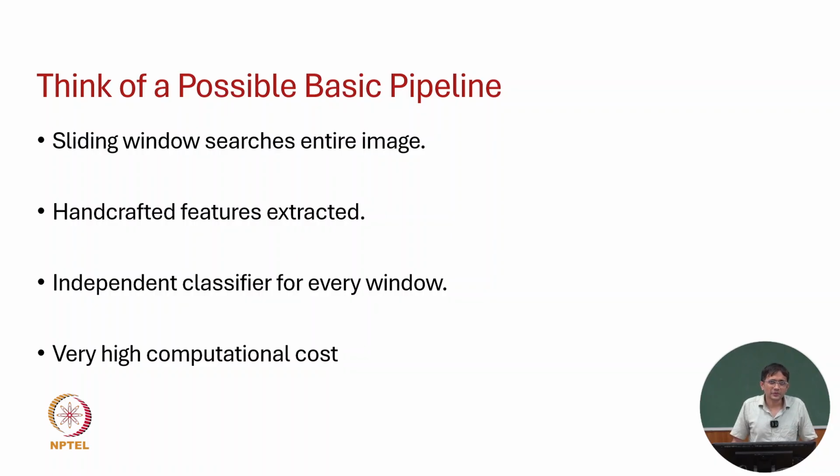In practice, often we will be working even with multiple objects of interest. And this overall approach, as you can see, will indeed incur high computational cost. Even though the very first version of RCNN that we'll study is kind of similar to this possible basic pipeline.